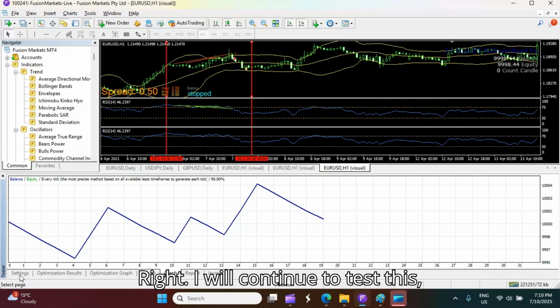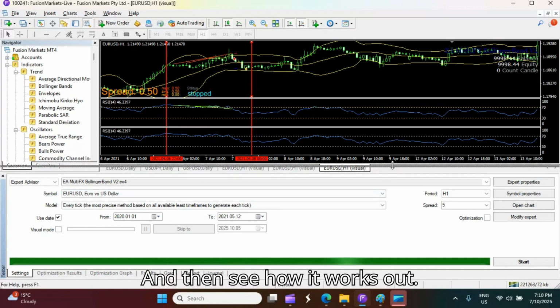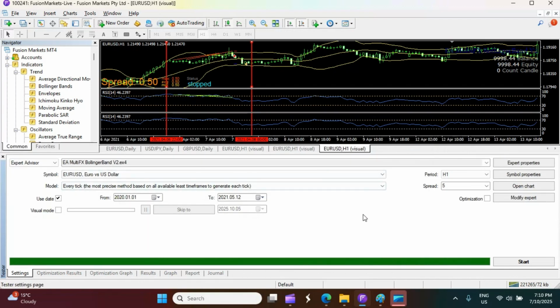Righto, we'll continue to test this, right? And then see how it works out. And what we might do in the next episode is start introducing a more dynamic stop loss. We'll introduce maybe an average true range, right?